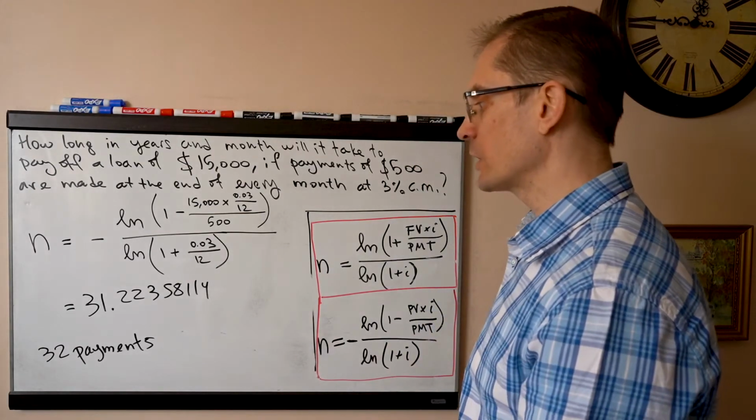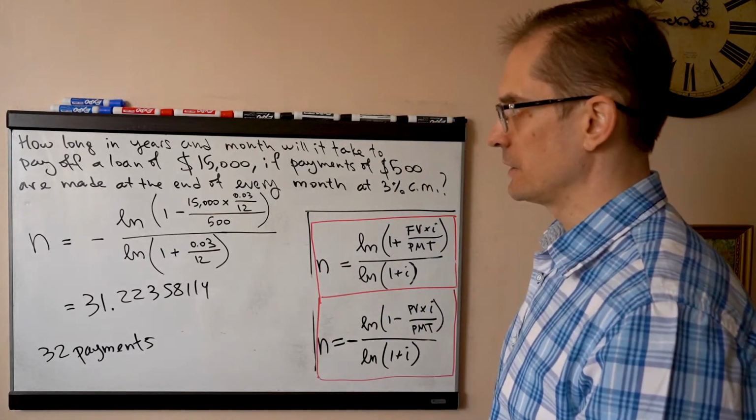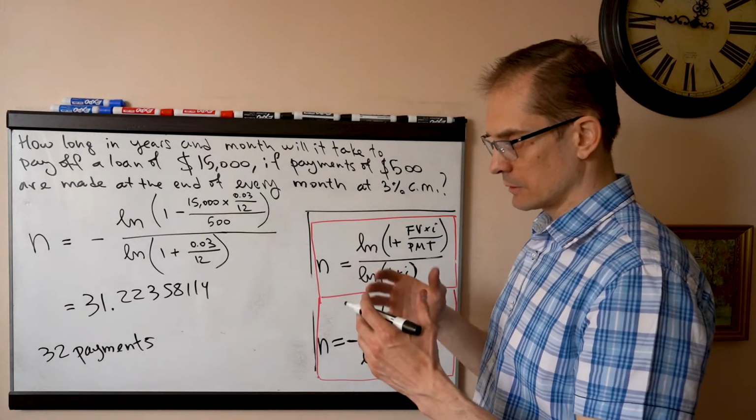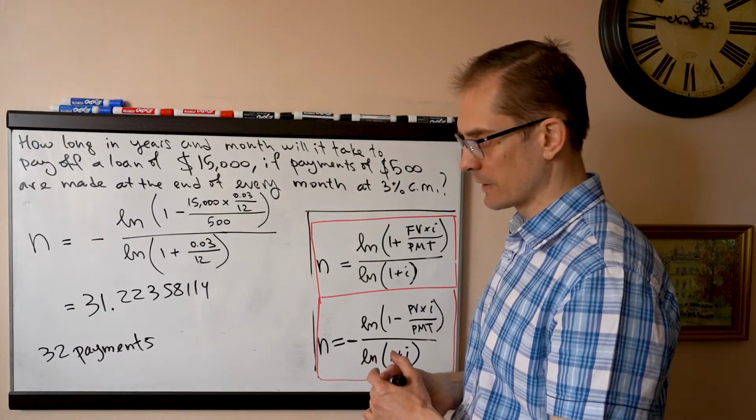Now we can interpret this in terms of years and months. 24 months make 2 years, so there are 8 months left.